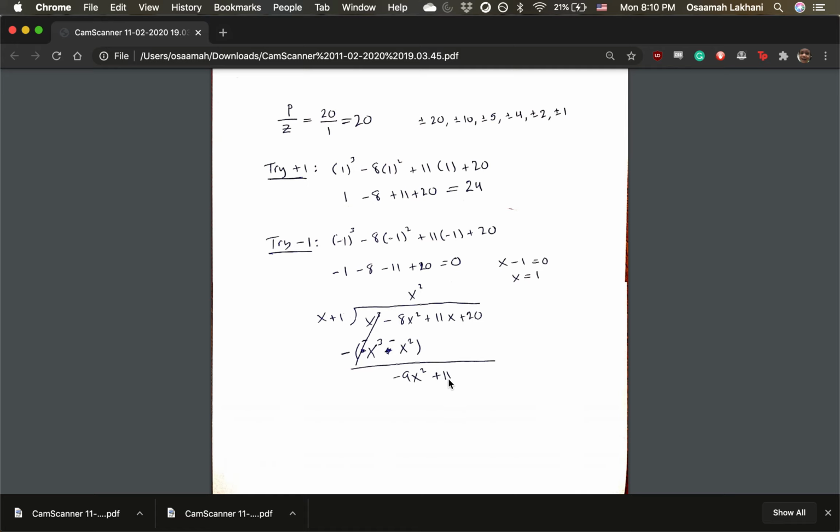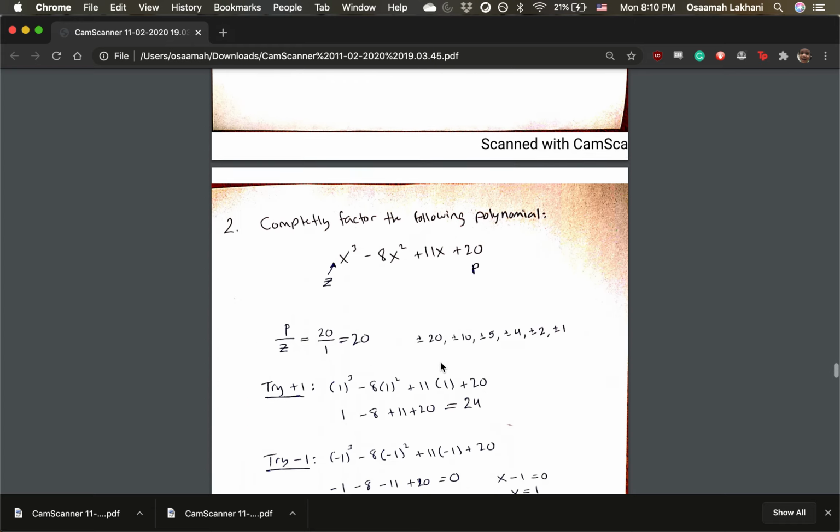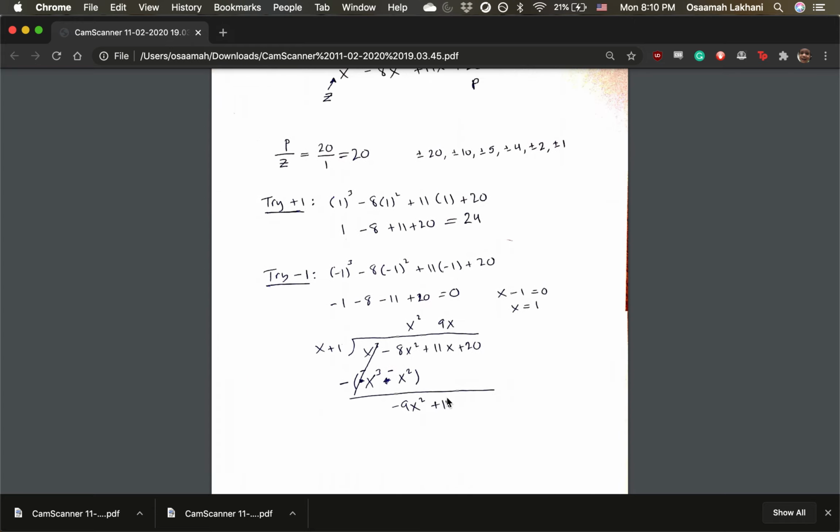Oh, this should be an 11x, by the way, because this is an 11x right here. But I fixed that in the next step, as you'll see. So again, I had brought down 11x, and what I figured out is that in order to cancel an 11x with a 9x squared, I need to multiply that by a 9x.